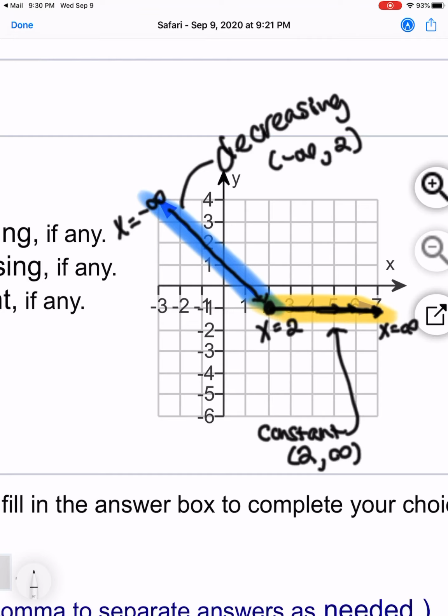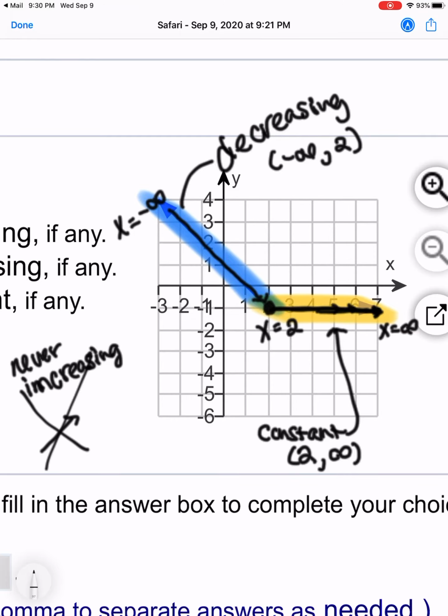And we're going to be decreasing from negative infinity to 2. Again, we're never increasing because we don't see any point on our graph where the slope looks like this, where it's going upward. It doesn't exist.